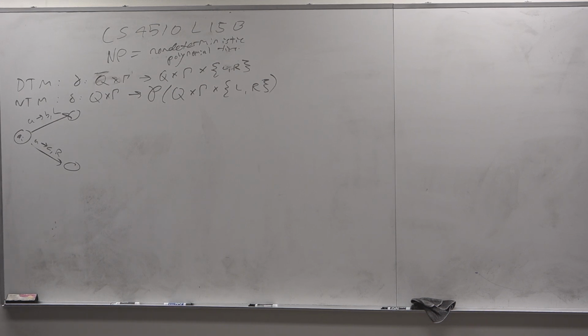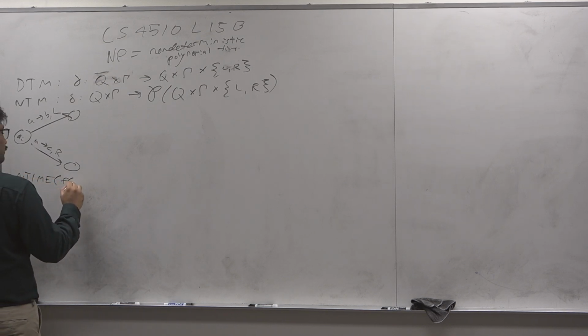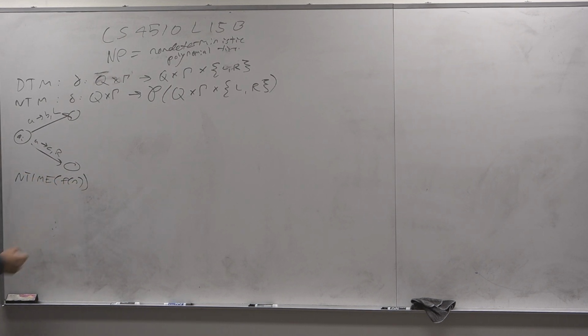You measure non-determinism as NTIME f(n) to be exactly what you think it is: a non-deterministic Turing machine accepts that language in f(n) steps. Now, in some sense, the different models of computation are really just different ways to measure time.